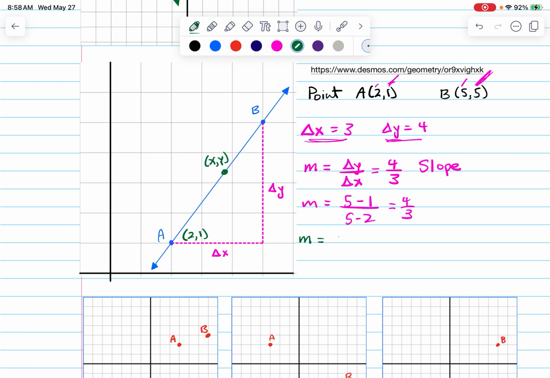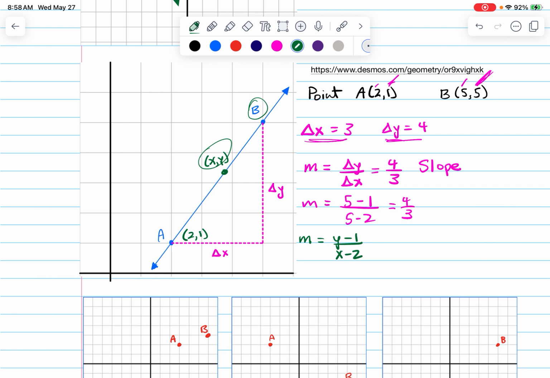So the slope is going to be y minus 1 over x minus 2. See? Because now I'm dealing with not this point up here, but just any point on the line. x, y is on that line. So there is my slope. That's a formula for the slope.